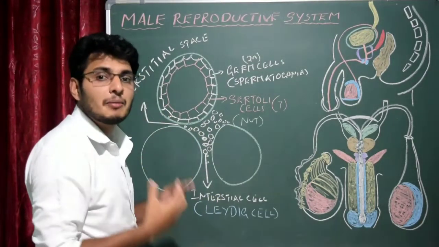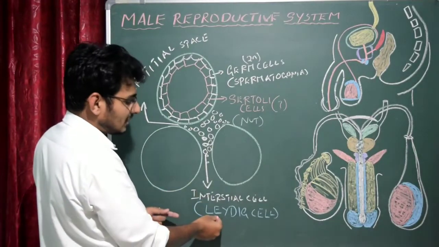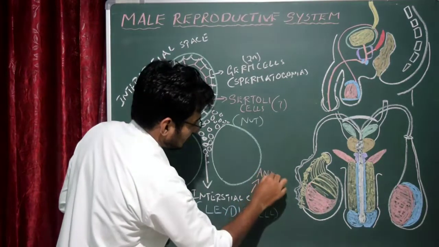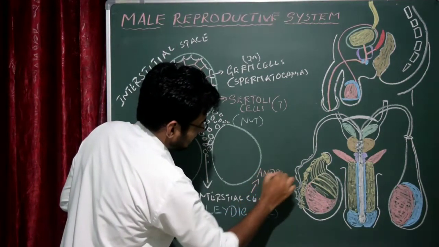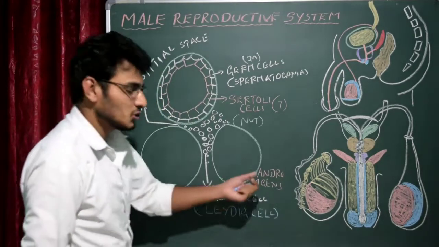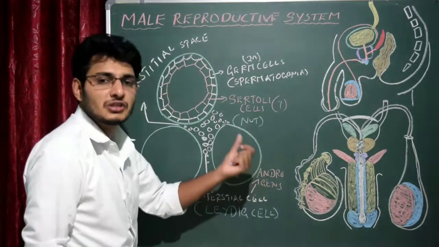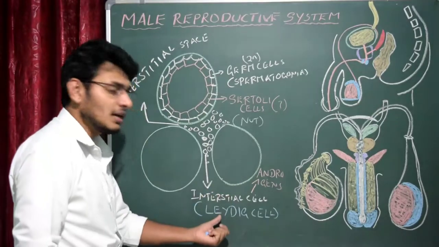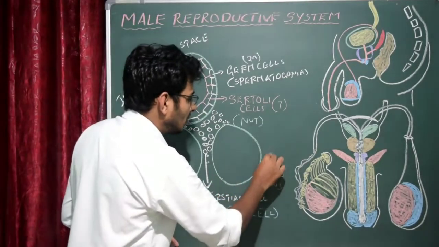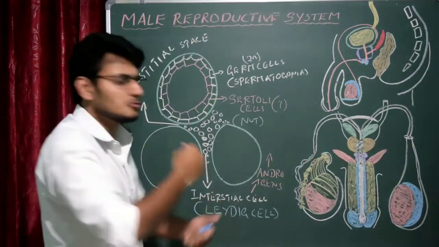And you all know the male hormone which is synthesized by the Leydig cell. What is the male hormone? Androgens. What is the other name of androgen? You know it, testosterone. Androgens or testosterone are synthesized by the Leydig cells or interstitial cells, which play an important role in the initiation of spermatogenesis.